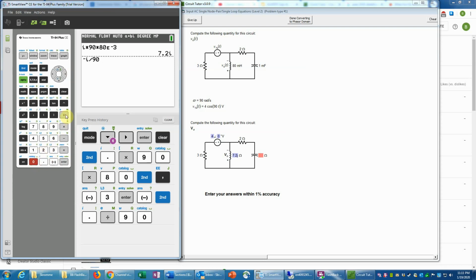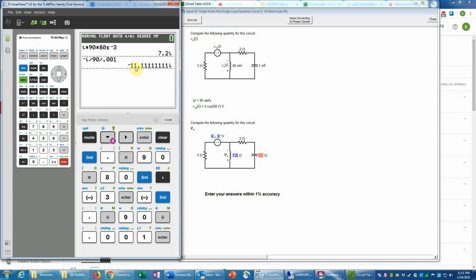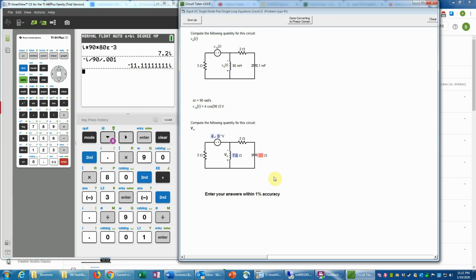And then we also need to divide by the C, which is 1 millifarad. So let's just enter that as 0.001 here to make it simple. That's negative 11.11i. And so we'll enter that here as negative j 11.11 ohms.